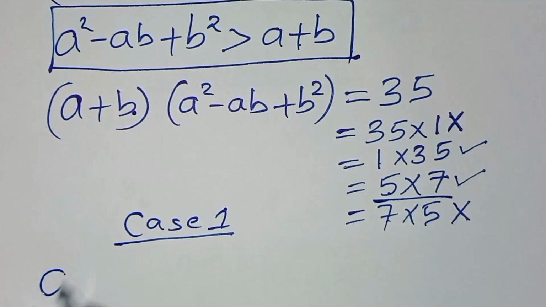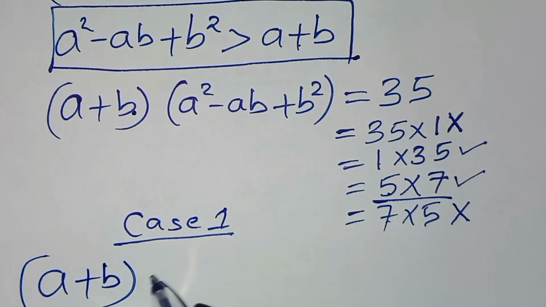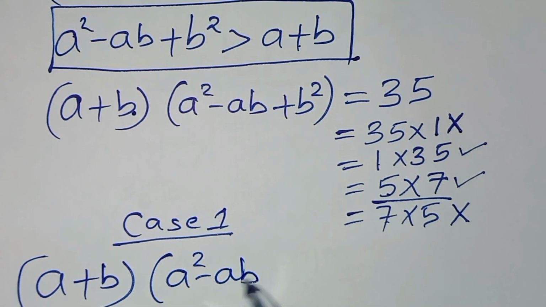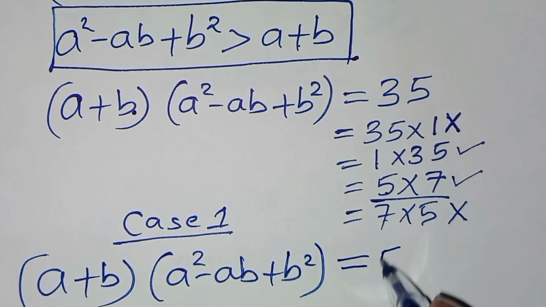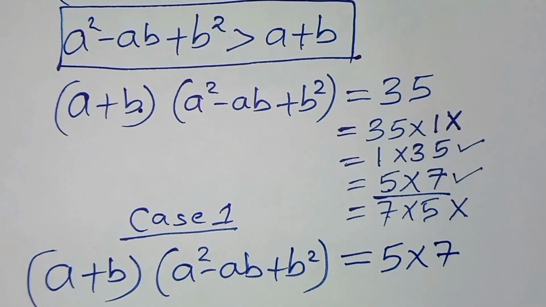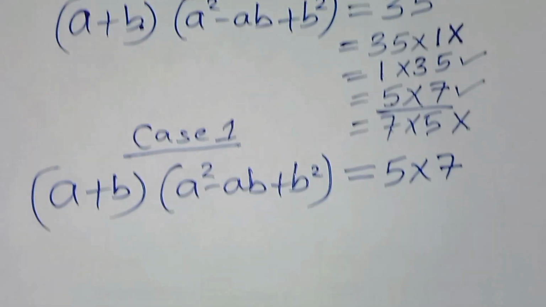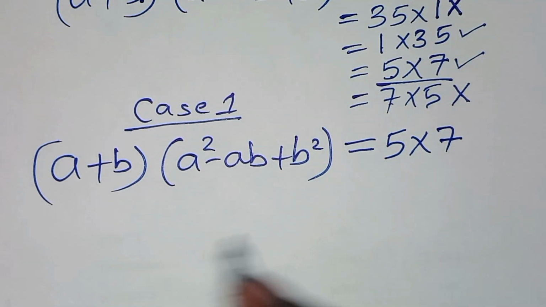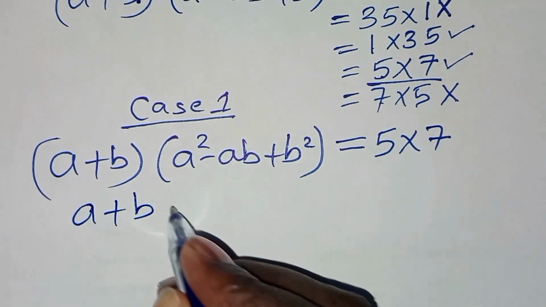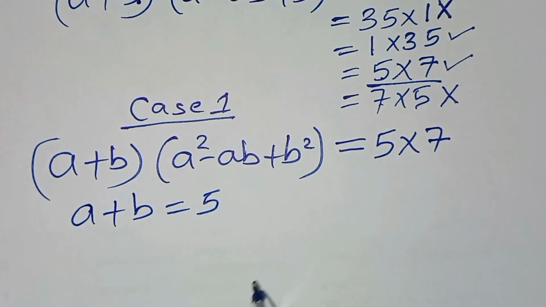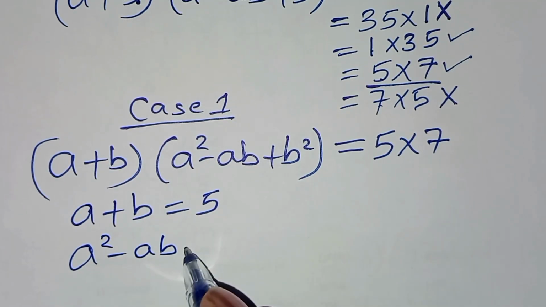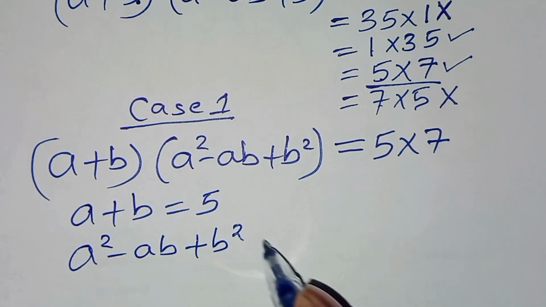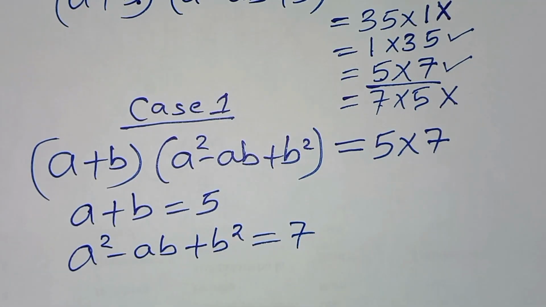So here we have a plus b, a squared minus ab plus b squared, this is equal to 5 times 7. So in this case, we have a plus b equal to 5, and we have a squared minus ab plus b squared equal to 7.